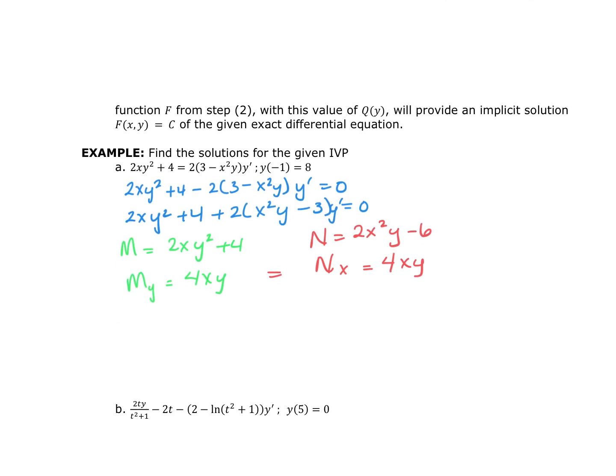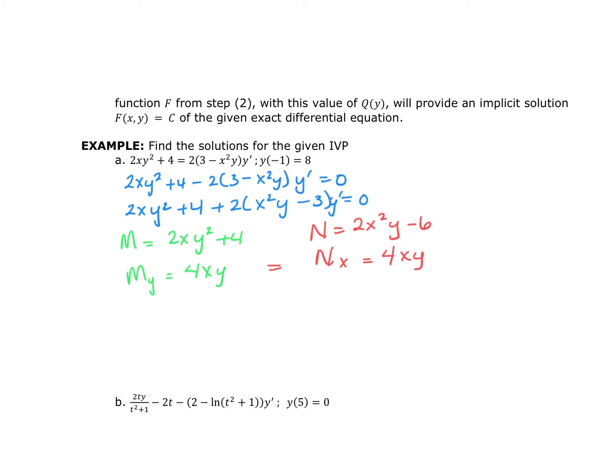Because these are equal, that means that we have an exact equation, so that I can move forward and say, okay, I'm going to call this function, call it whatever you want, I'm going to call it big F. So big F of x, y will be equal to the integration of my M, which is 2xy squared plus 4, dx, plus some function, I'll call it g, of y.